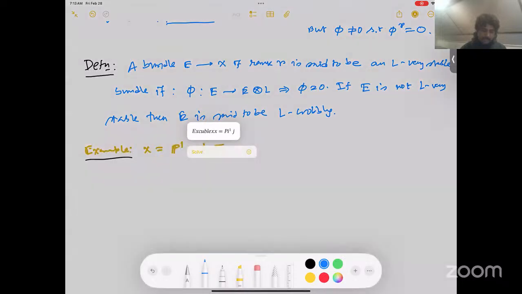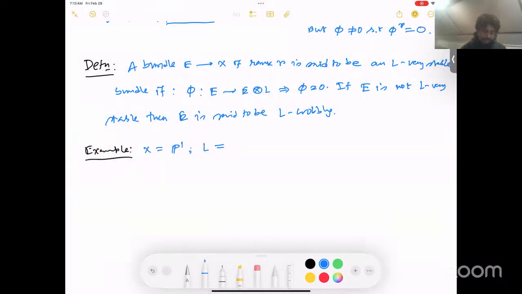And L is a twist O(T) where T is non-negative. Okay. Then any bundle E on P1.